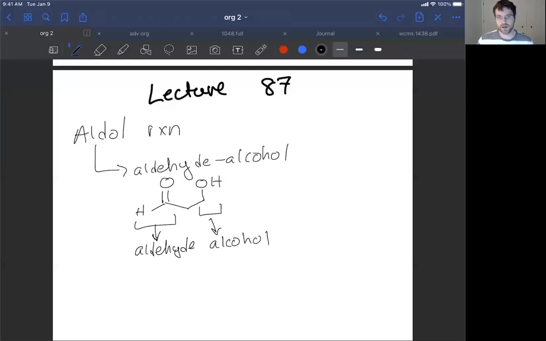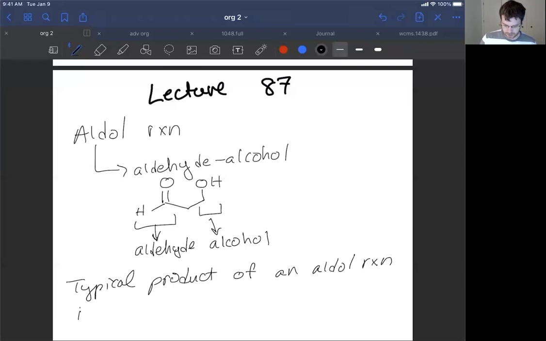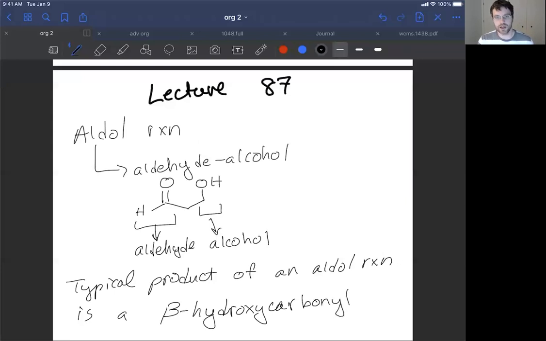Okay, great. Now, what I want you to think of when you think of the aldol product is that the typical product of an aldol reaction is a beta hydroxy carbonyl. This will be much more helpful than worrying about where an aldehyde alcohol unit is.